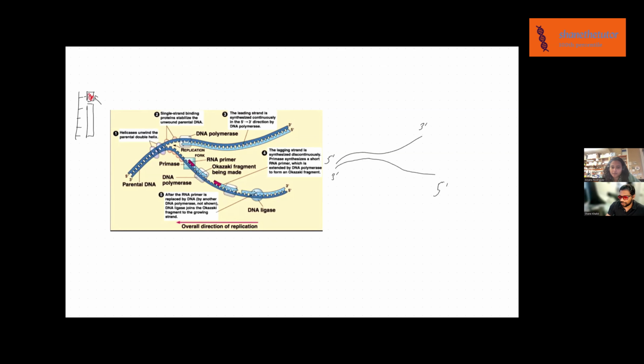What I can do, and I'll do it in blue, inside of this, you have a new strand forming in this direction, and it has to start with the 5 prime end. Whereas here, it will replicate in the same direction, but it's starting as a 3 prime.